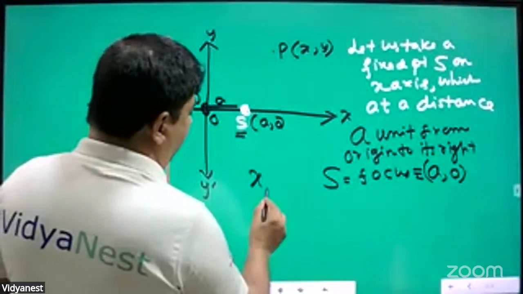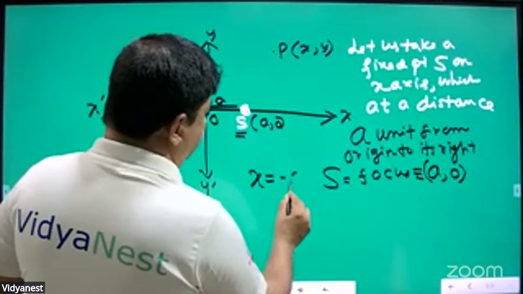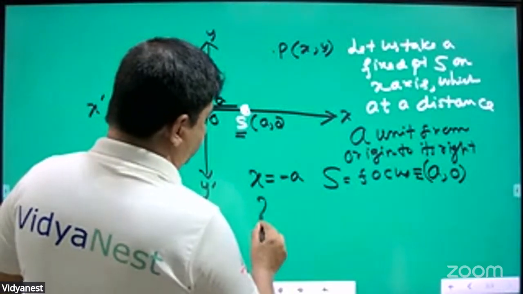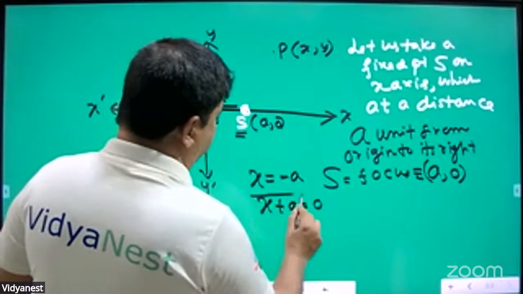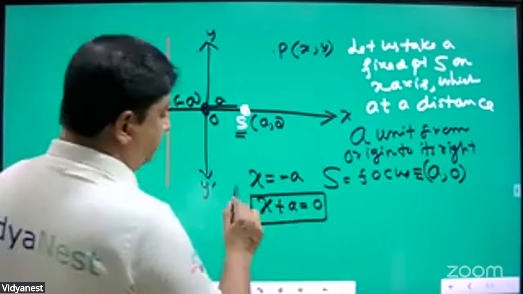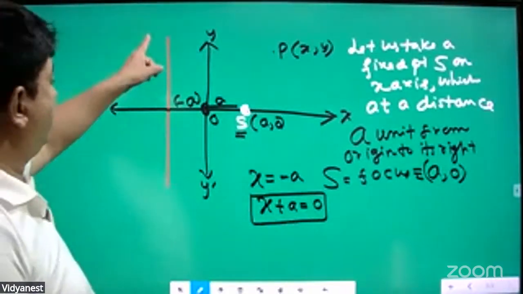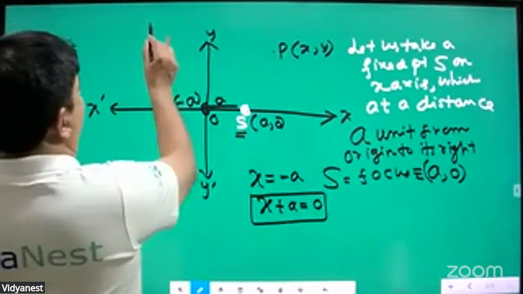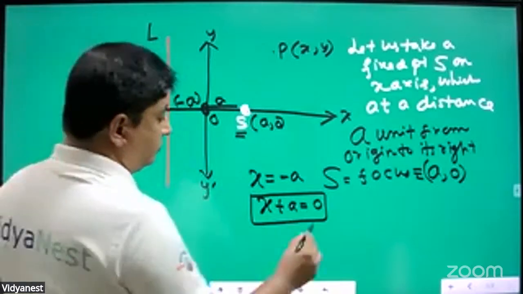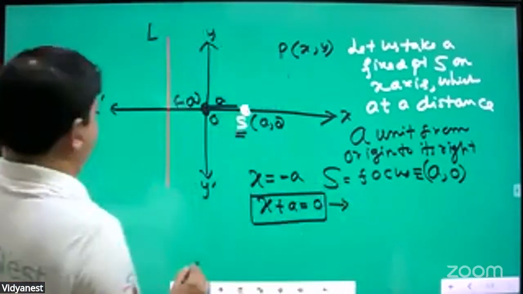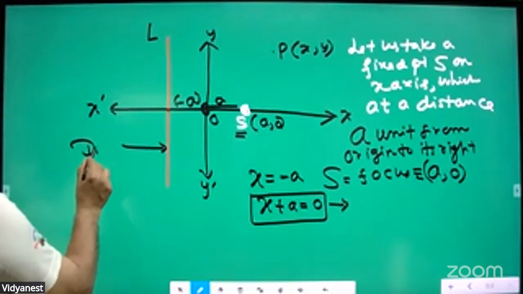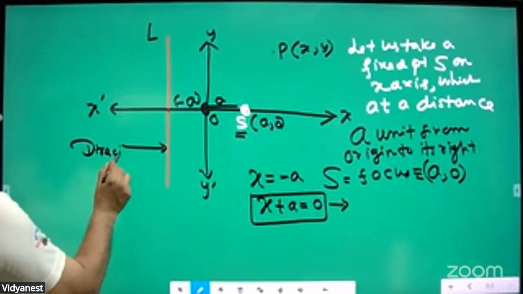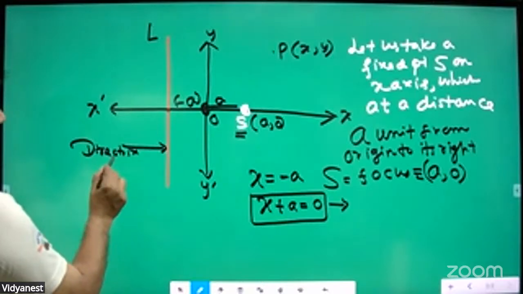So I can write x is equal to minus a. So x plus a is equal to 0 is the equation of this line. I am labeling it by L. This line is called directrix.